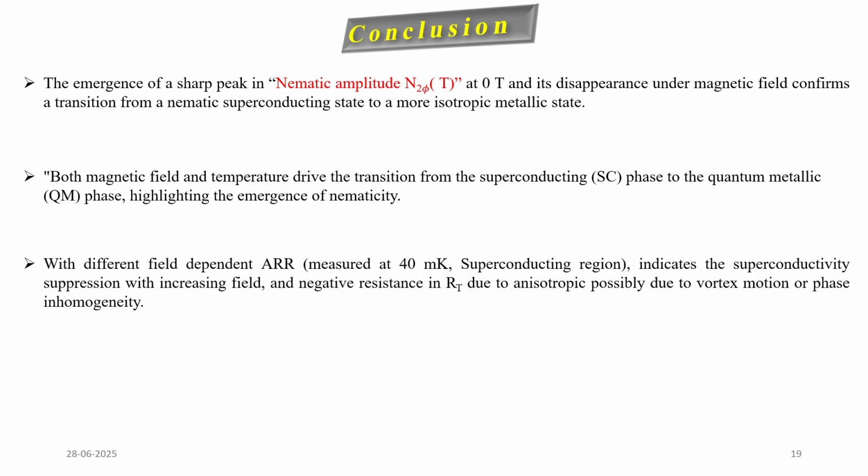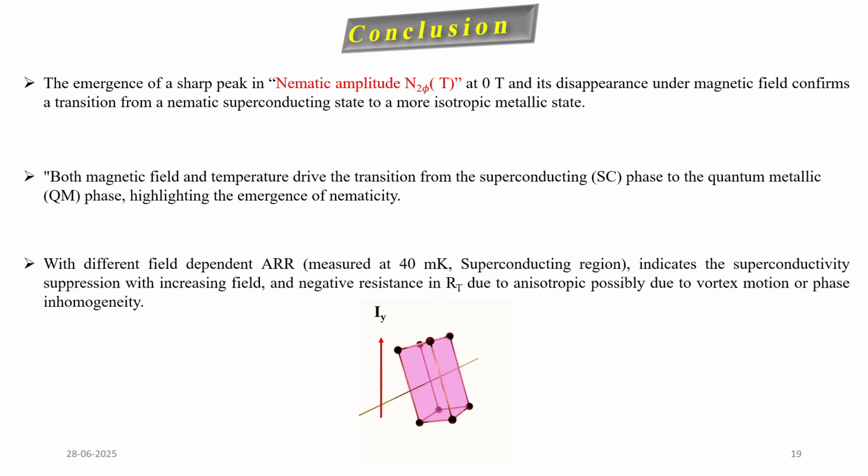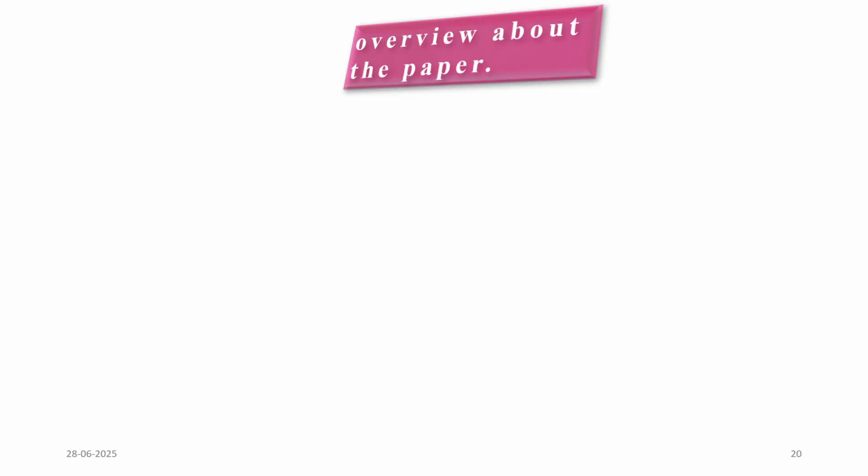So it may be that the current is not going in that direction, and it may show negative results. So this is the x again of the y, and again of y, the superconductivity is breaking here. So this is the overview of the paper.